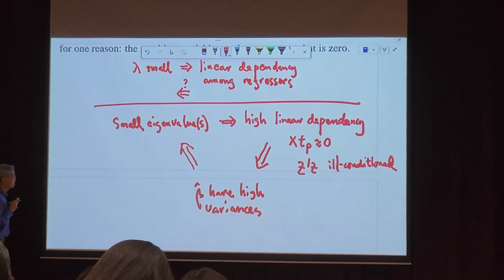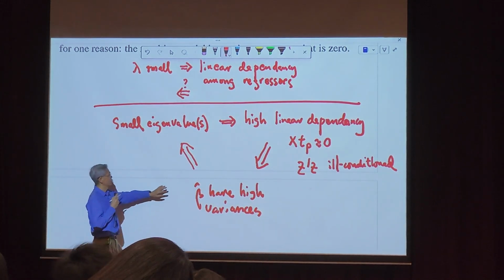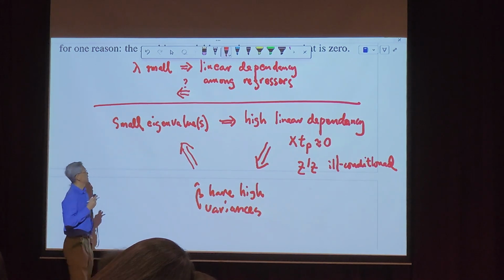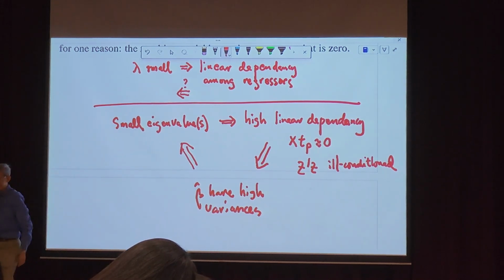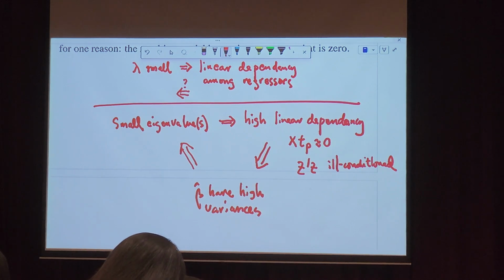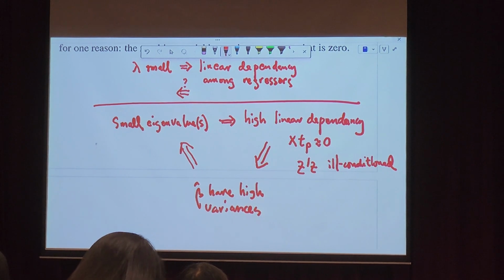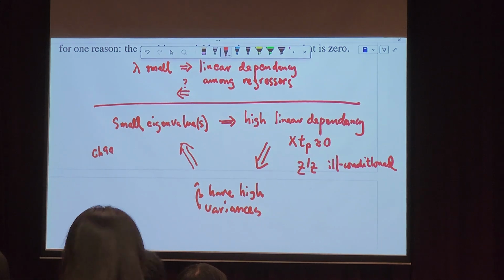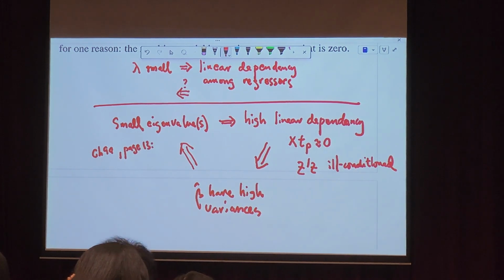If I have high variances, does that mean the eigenvalues are small? Well, this is also true. Look at chapter 9a, page 13. Let me write down the result for you.